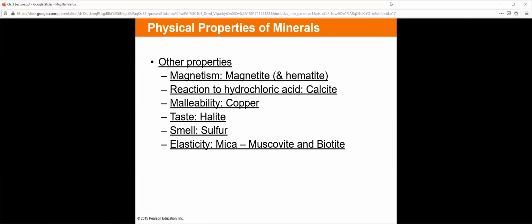And if it tastes like salt, that's because it's salt. Sulfur, if you've ever been to a geyser or Yellowstone, something like that, you know sulfur has a very rotten egg smell to it. That rock just smells that way. And elasticity, as I talked about before, is different from malleability. Mica would be an example of something that's elastic because it's basically a piece of paper.